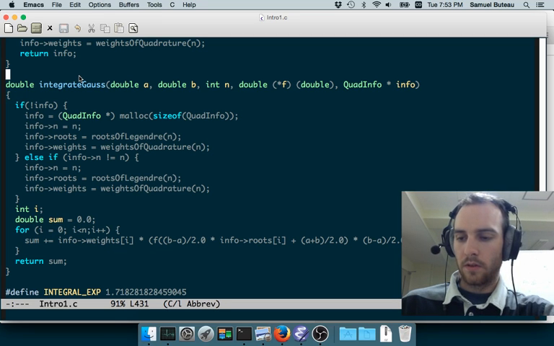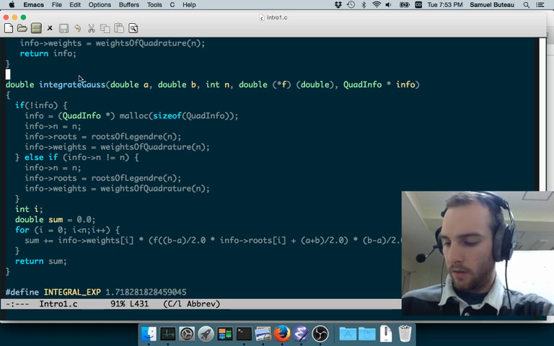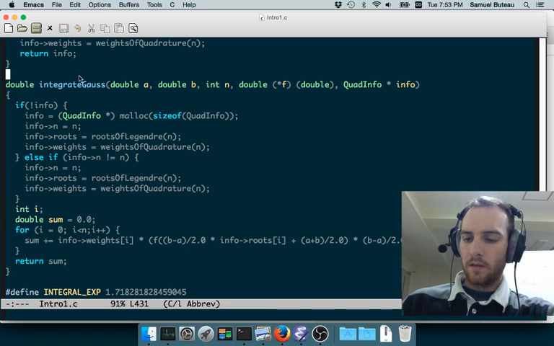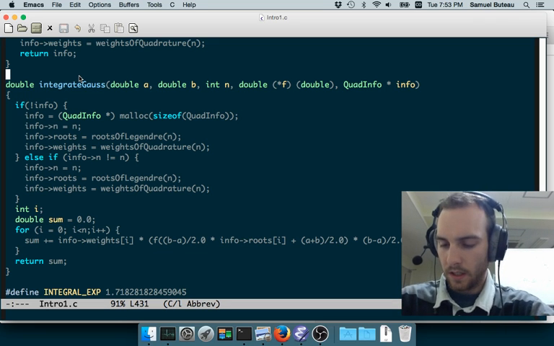But in this case we're going to use a semi-classical approximation. I'm just going to read you a little bit about the problem so that you get a bit of context.